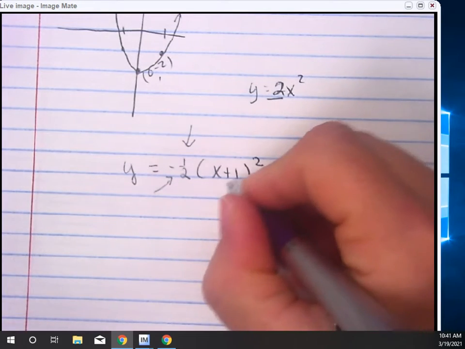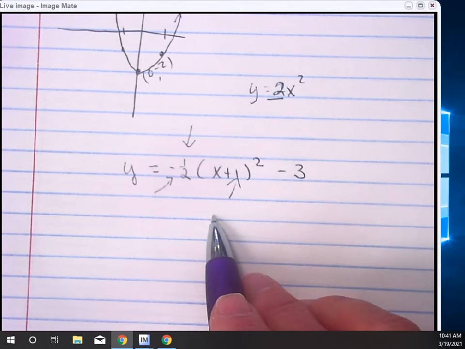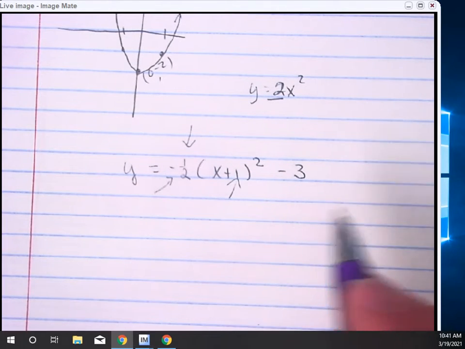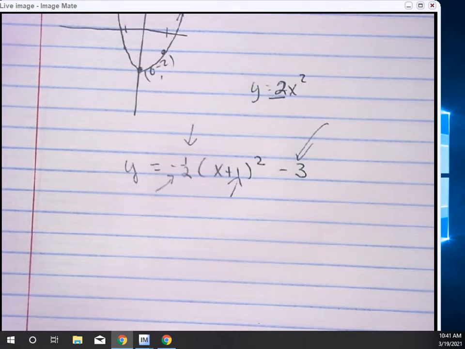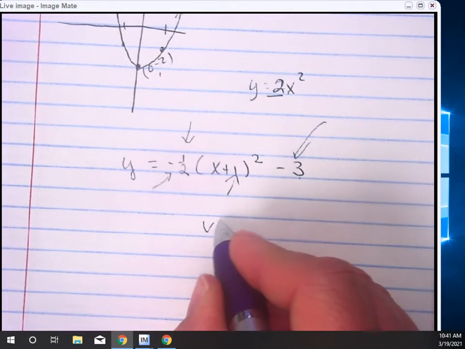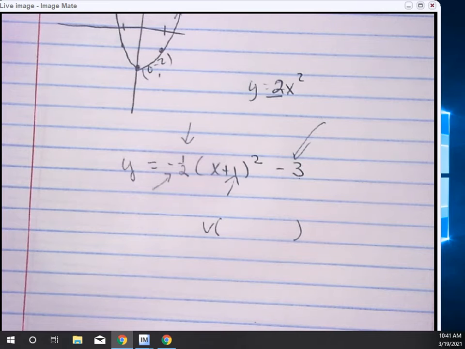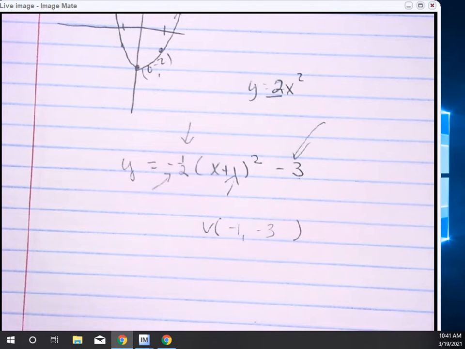What does the plus 1 do? We go left. It would go left by 1, and the minus 3 moves it down. So where is my vertex? Where's my starting point? Where's the vertex? It would go to -1, -3.